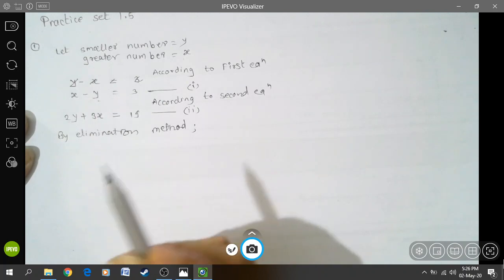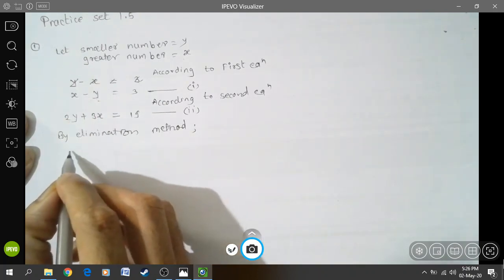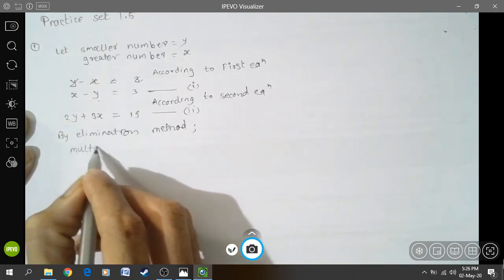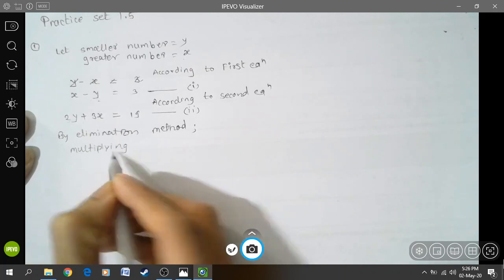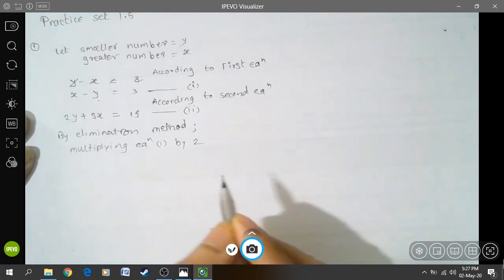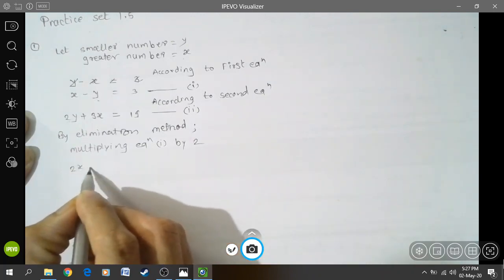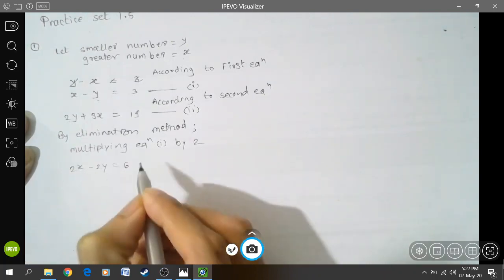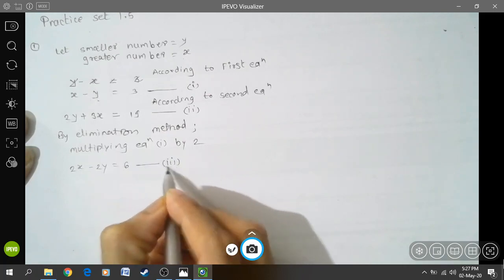They can be easily cancelled out. So multiplying equation 1 by 2, we get 2x minus 2y is equal to 6. This is equation number 3.